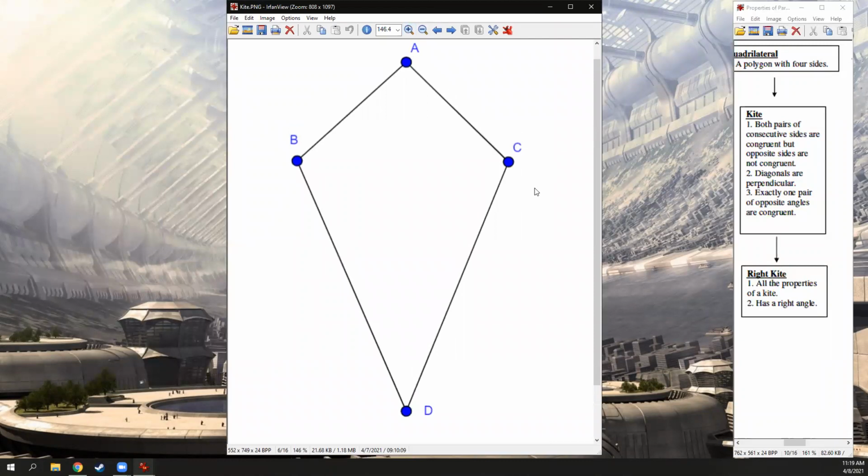So a kite is exactly what it sounds like. It's a kite, like, you know, a flying kite. They aren't parallelograms, so none of those properties apply. They only have a couple of properties. It says both pairs of consecutive sides are congruent, but opposite sides are not congruent.